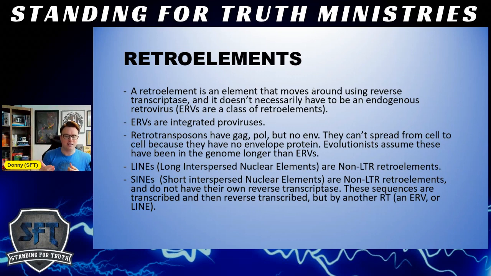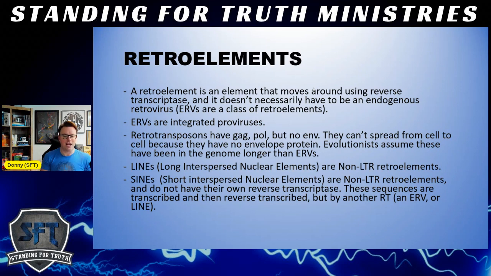And what does that in the retrovirus is reverse transcriptase. That's the enzyme that performs this job, and it basically copies RNA into DNA. And why this is important is because these retroelements, specifically the ERV, require reverse transcription in order to move around the genome.